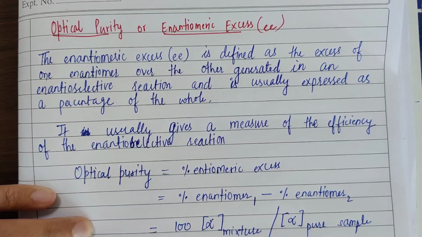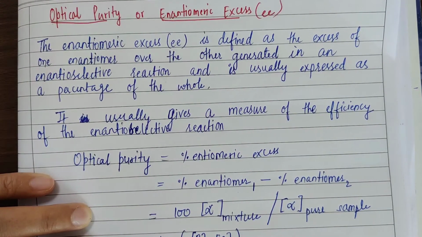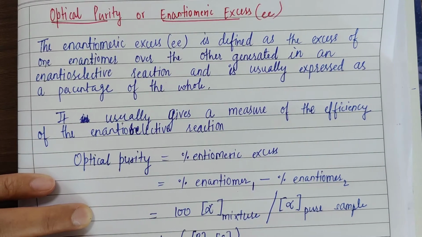That is measured by enantiomeric excess. Enantiomeric excess is defined as the excess of one enantiomer over the other generated in an enantioselective reaction and is usually expressed as a percentage of the whole.